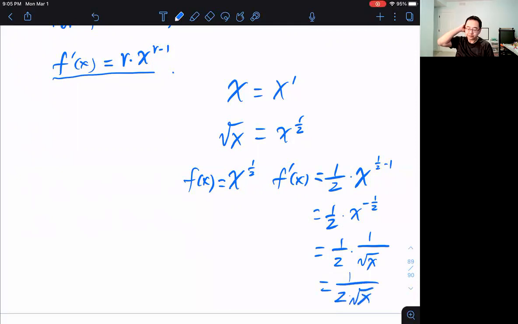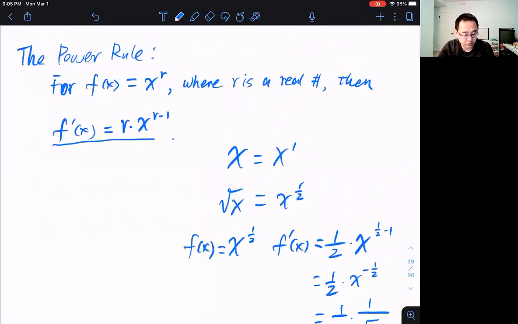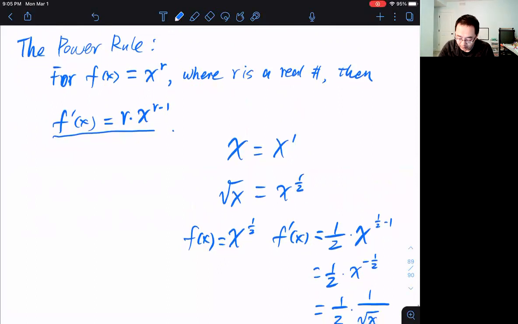Okay, so that's kind of the first and most useful rule for taking a derivative. And of course, given this rule, you can see when f of x equals x, then that is x raised to the first power.